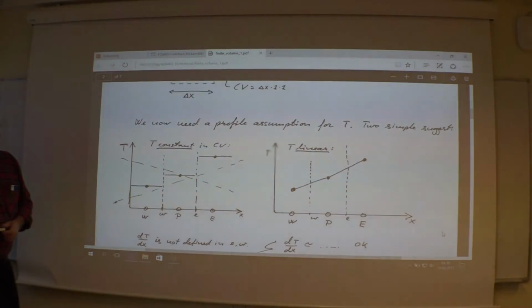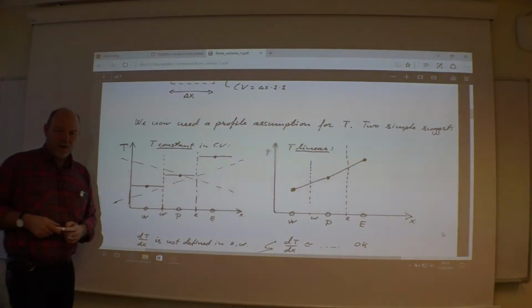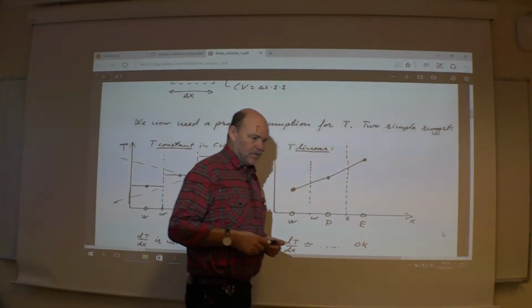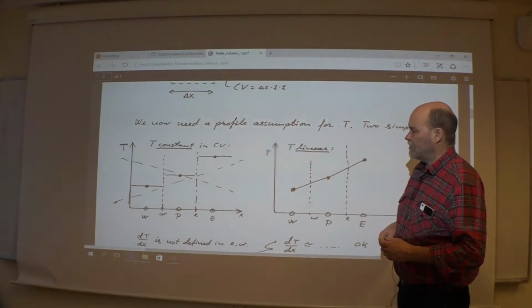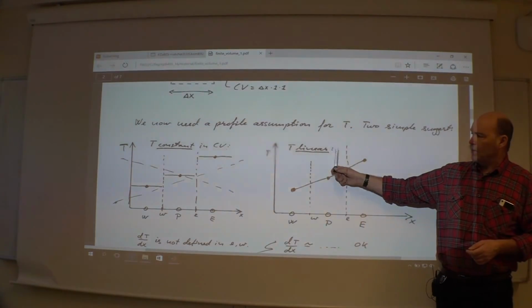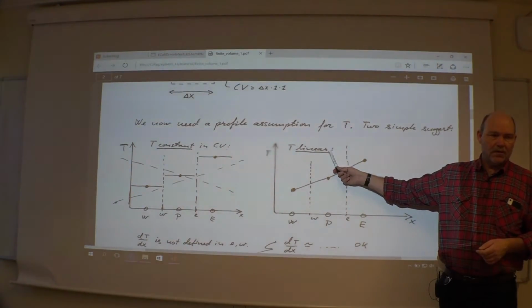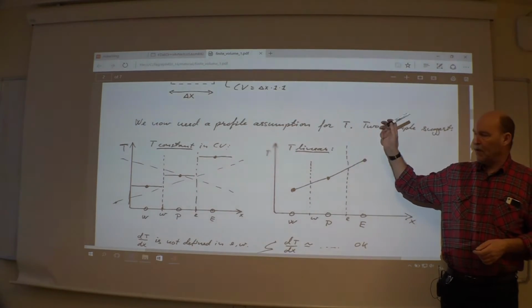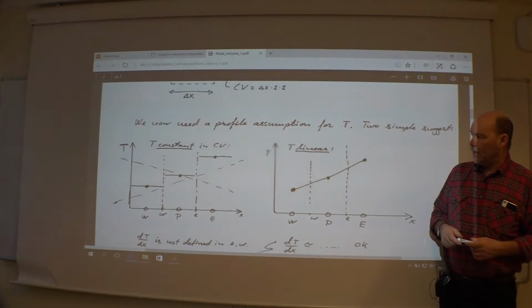If we are talking finite element, that's sort of my own definition, the difference between finite volume and finite element. Inside finite element, you can have quite complex behavior inside one single volume. With finite volume, we stop at linear variation inside one volume.